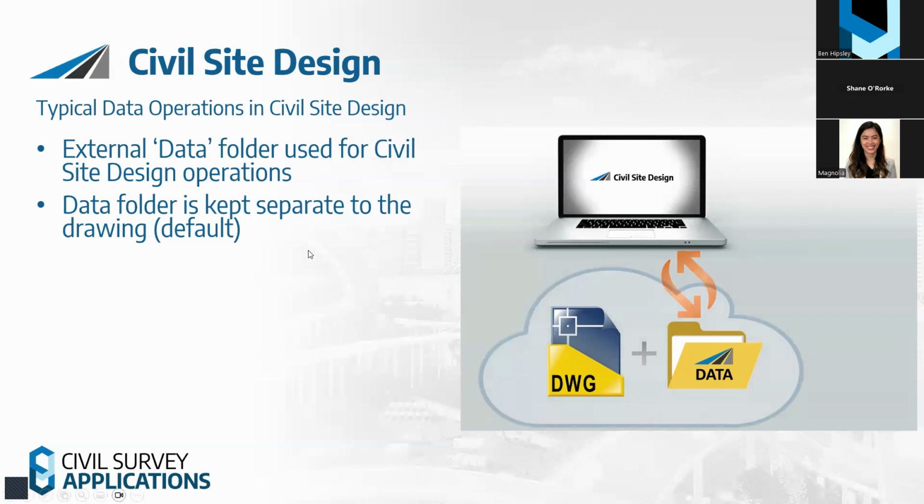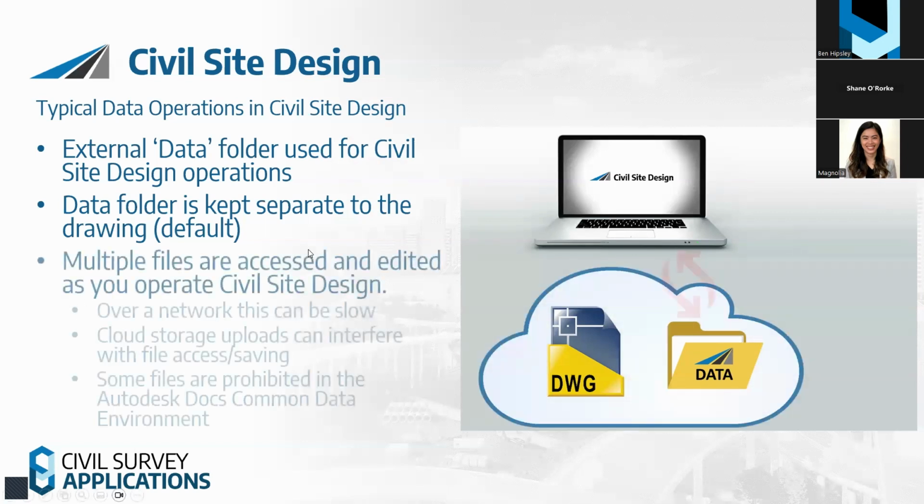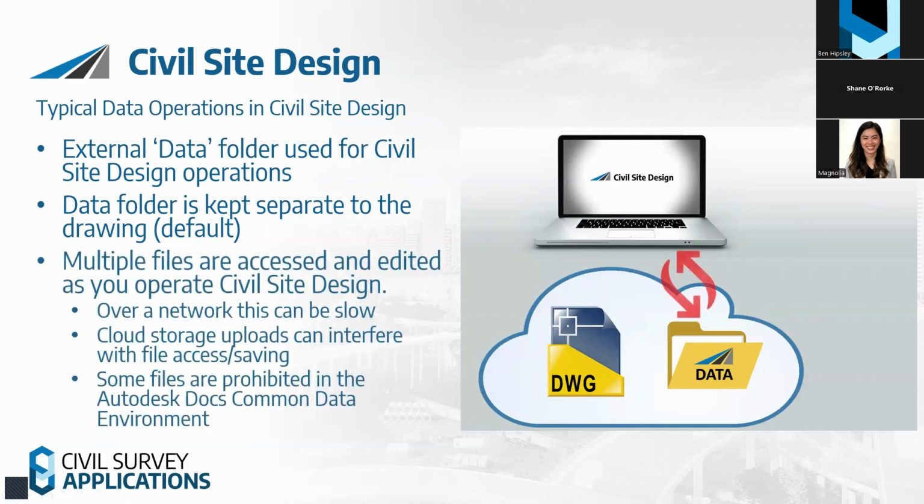So what can happen out of that is that if you are running through a network or you're running through a cloud solution like the construction cloud, what happens is you've got lots of transactions happening through that cloud transaction, and that can A, slow things down, and B, you also have some files in the Autodesk Docs common data environment that civil site design create that Autodesk Docs doesn't accept.